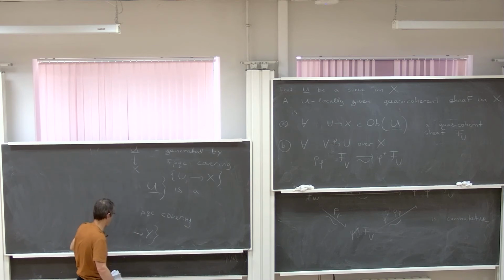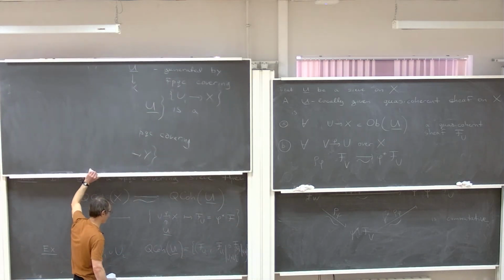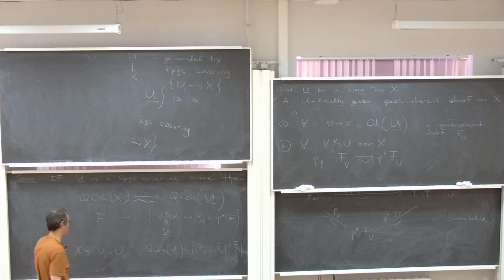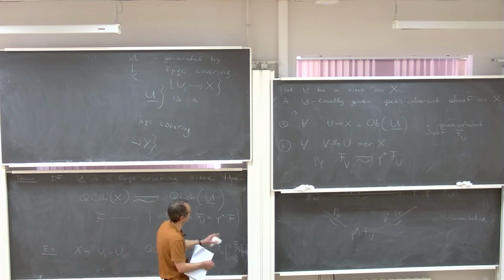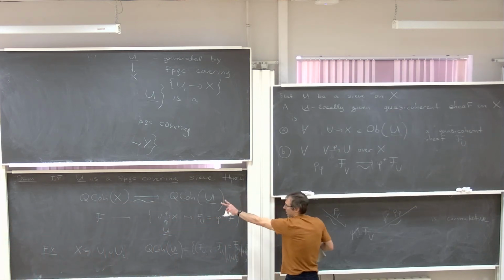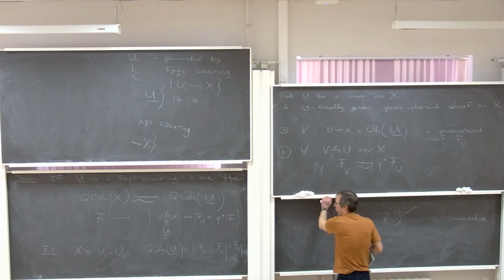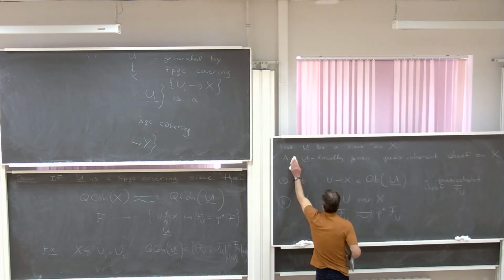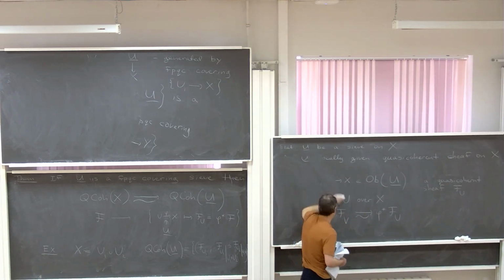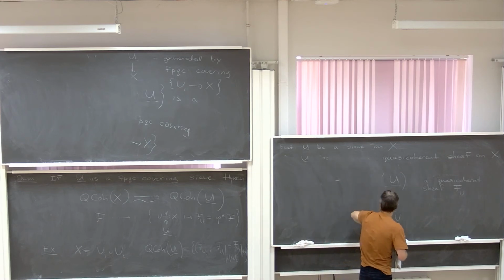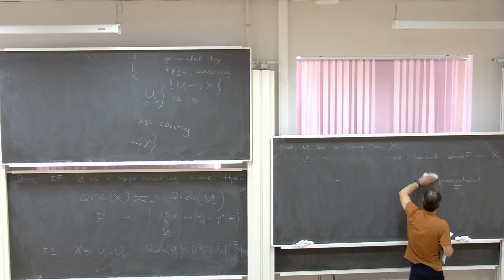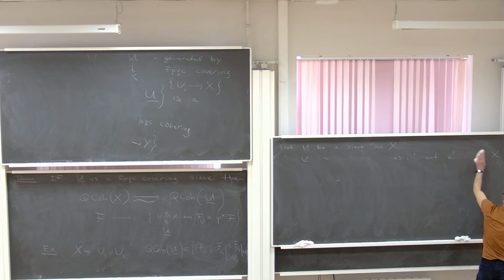Maybe since I forgot about this, I'll say it later once we discuss a proof. So this theorem is a wide generalization of this Zariski descent. So let me give you a non-trivial example.